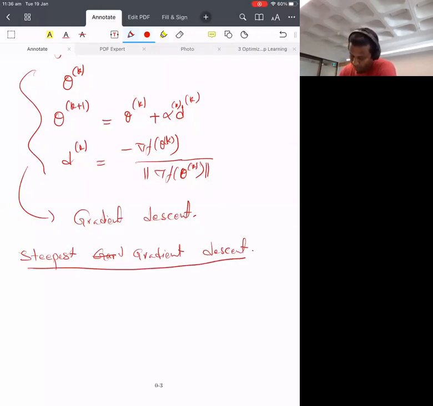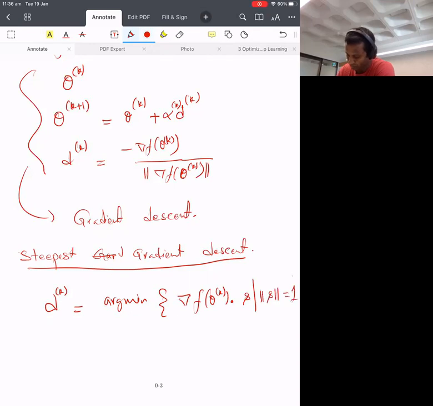In steepest gradient descent, the direction is defined to be the argmin of the inner product of the gradient at theta k with s, such that the norm of s is equal to 1.